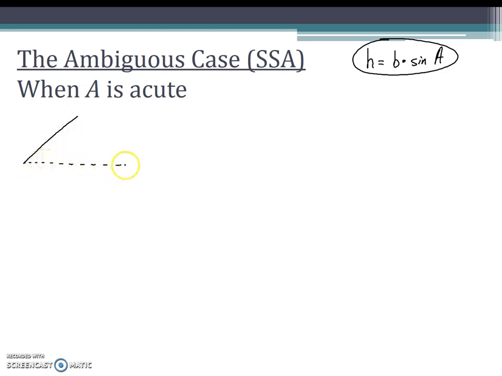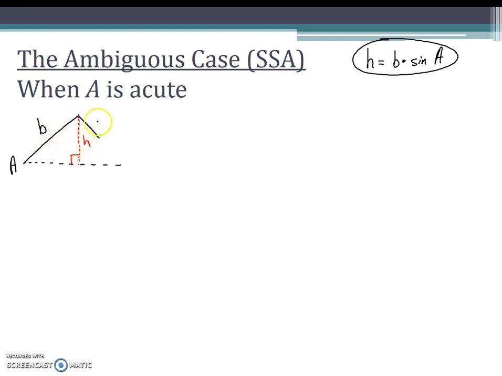So we're going to start in the same way we were starting earlier, with capital A as an acute angle. b is attached to it. And let's label height, because we're going to calculate height whenever A is acute. So there's h. And let's assume for a quick second that little a is less than h.